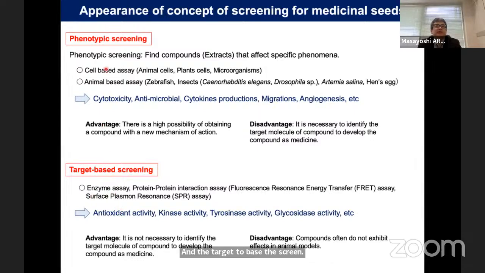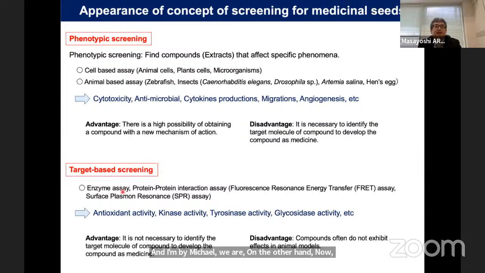Phenotypic screening uses cells, microorganisms, or animals to measure the activity of a sample based on its phenotypic change. On the other hand, target-based screening basically uses enzymes and other substances. Typical examples of phenotypic screening include cytotoxic activity tests using cancer cells and antimicrobial activity tests using pathogenic microorganisms. On the other hand, target-based screening includes antioxidant activity tests and phosphatase inhibition tests.